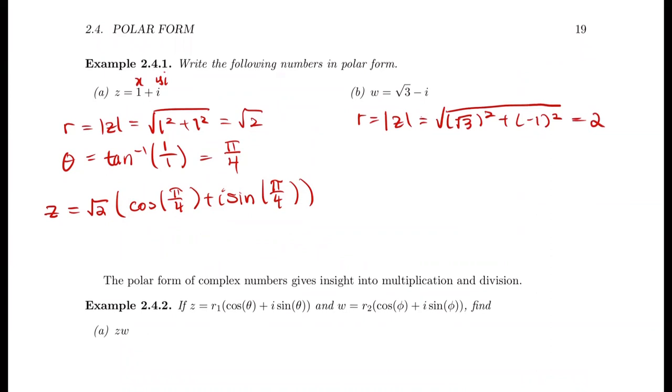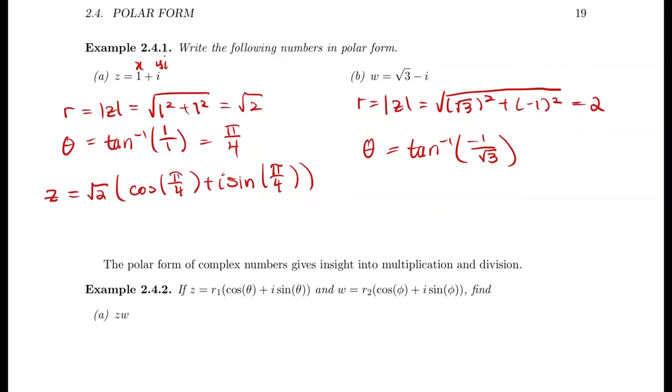And also now, theta is the same as saying tan inverse of y, which is -1 divided by root 3. Now we have to pay attention to what quadrant this actually lies on. Because the y is going to be negative and the x is going to be positive, it's going to lie somewhere in quadrant 4.